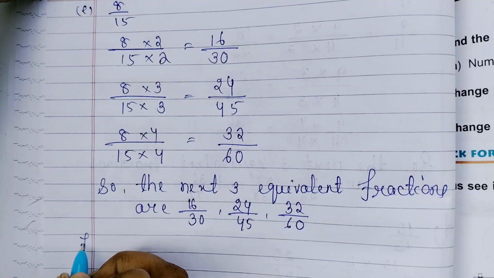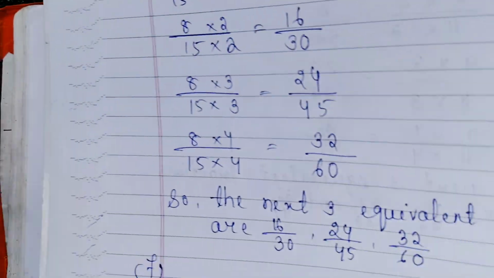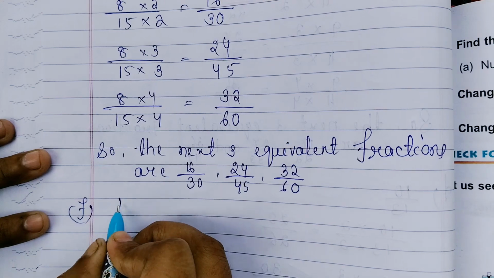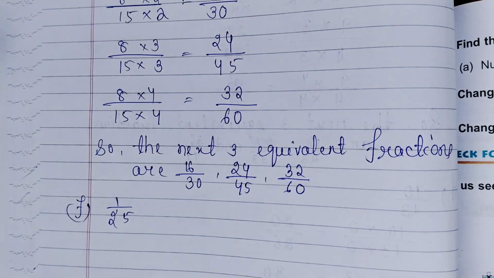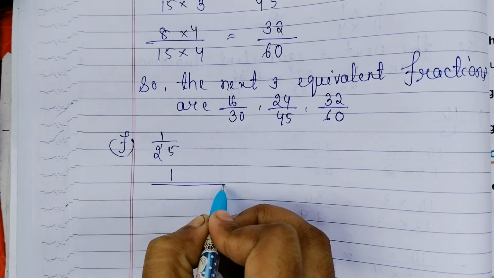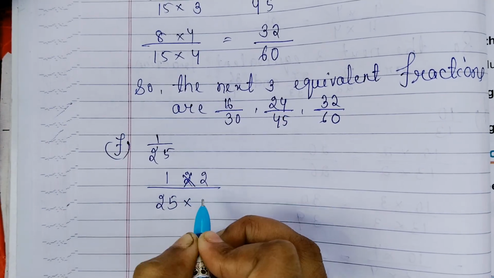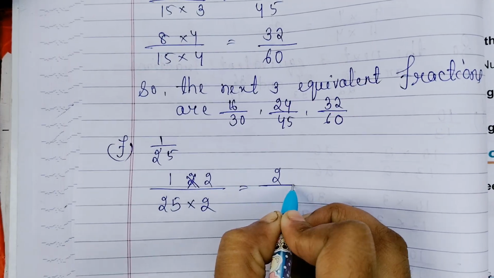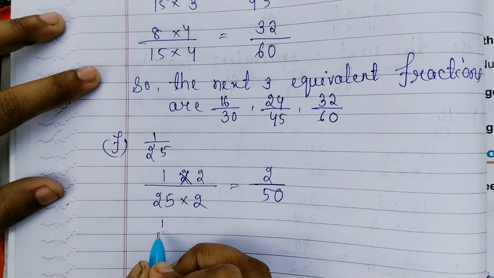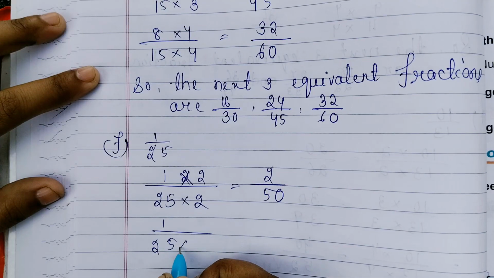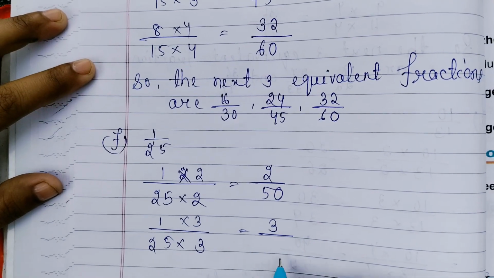Now we solve another point F. 1 by 25. Now we find equivalent fractions of 1 by 25. First we multiply 2. 1 times 2 is 2, 25 times 2 is 50. Then we multiplied 3, 1 by 25 into 3. 1 times 3 is 3, then 25 times 3 is 75.